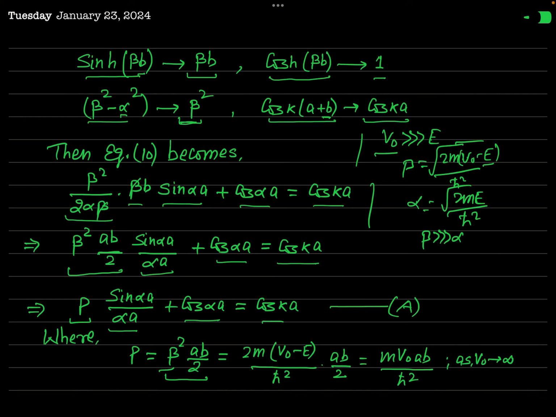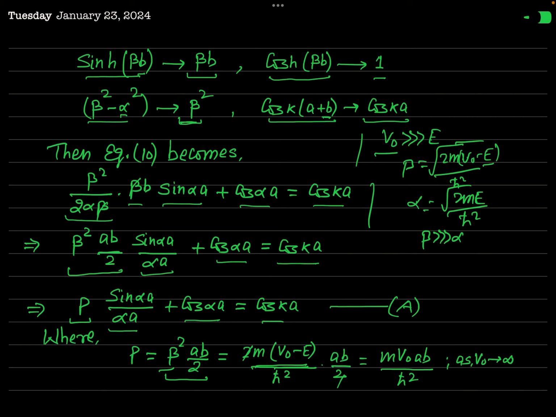Okay. Actually, this P is the measure of the strength of the potential barrier. If the value of P is large, it means the electron is more tightly bound inside the potential well. But when P is small, it means the electron is loosely bound or almost free.